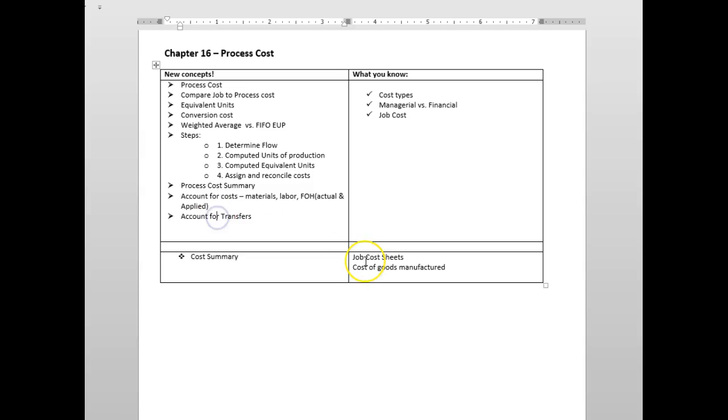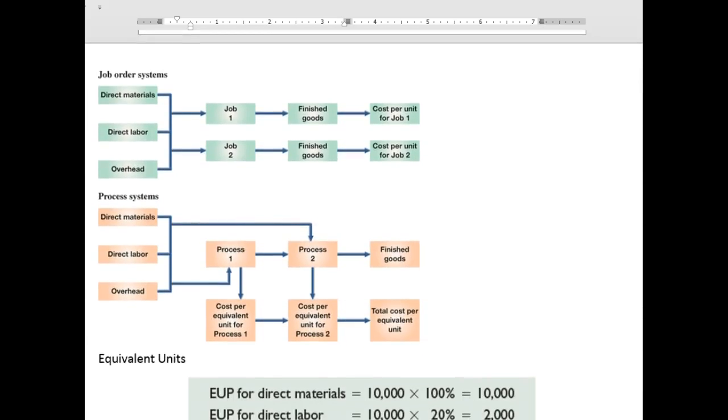And then we're going to look at how to account for transfers. So you have looked at job cost sheets and cost of goods manufactured. Now we're going to look at cost summary sheet. And I think the best way to do this is just to jump right in.